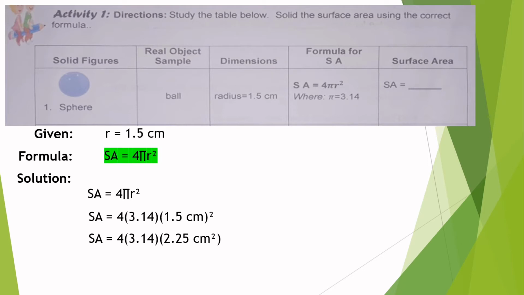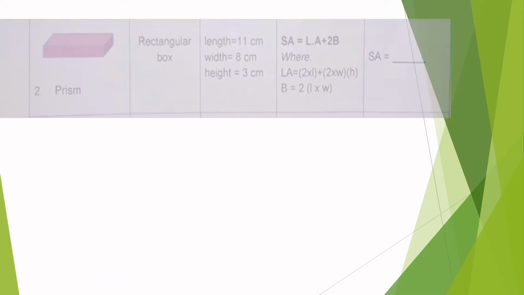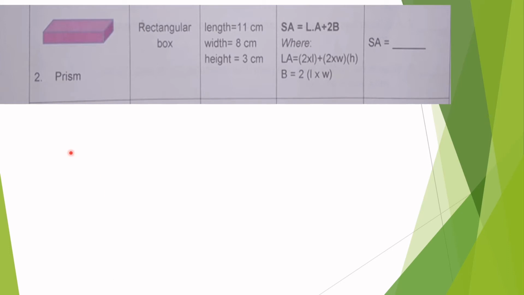Next, multiplying 4 times 3.14, we have 12.56 times 2.25 centimeters squared. Next, 12.56 times 2.25 centimeters squared, we have SA is equal to 28.26 centimeters squared.